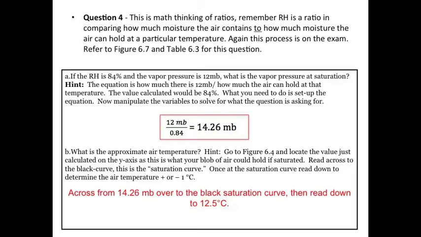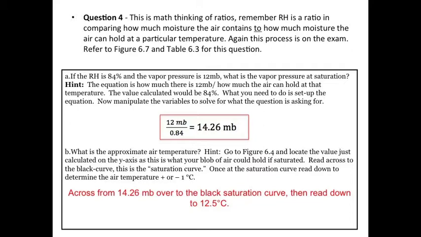Moving on to the next question, what is the approximate air temperature? Hint, go to Figure 6.4 and locate the value just calculated on the y-axis, as this is what your blob of air can hold if saturated. Read across to the black curve. This is the saturation curve.